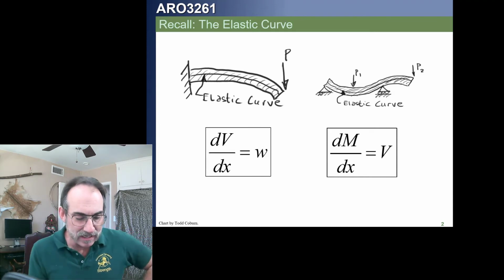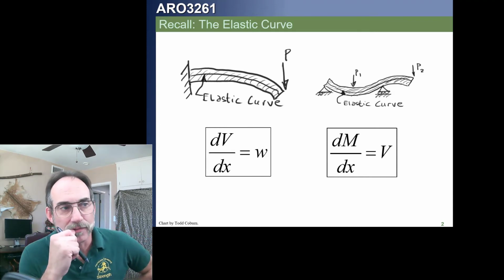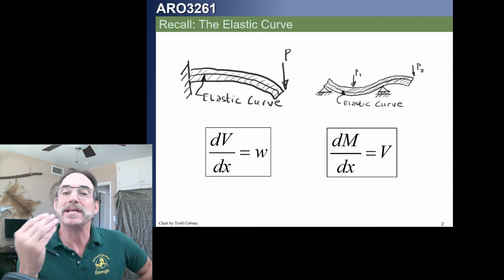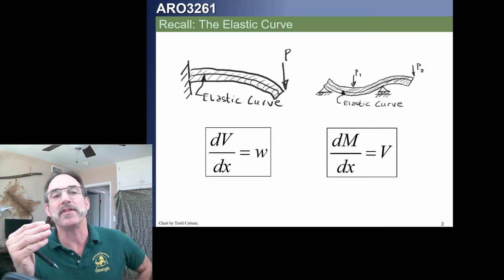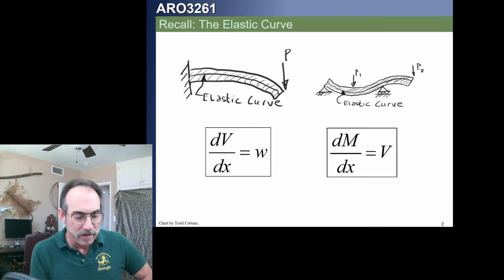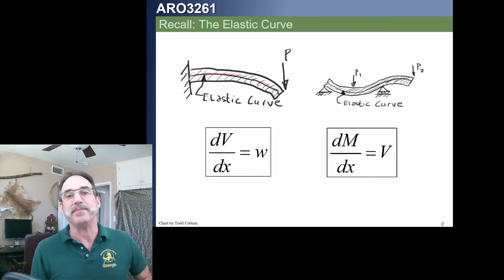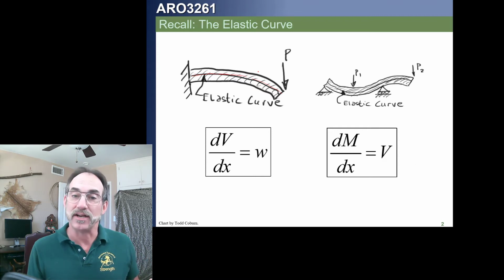We've already seen the elastic curve shown here on the upper left. We saw the elastic curve was that imaginary curve at the neutral axis of a beam, located at the centroid of that beam. So we can see it actually represents the shape. So we talk about the equation of the elastic curve.